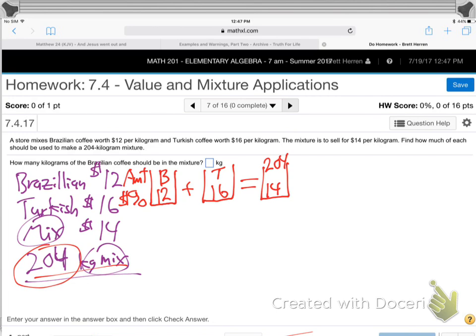How do you get your two equations? The first equation comes from the tops, right? B plus T is 204.